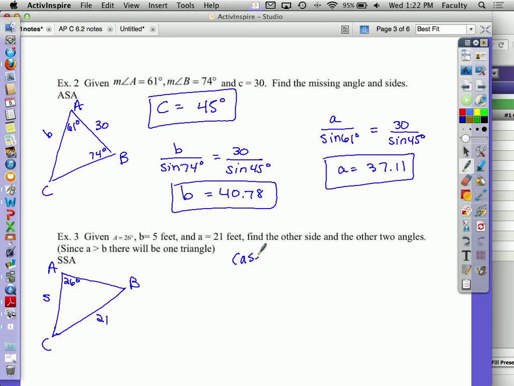Case 1. If the missing angle is less than the given angle, then you get one triangle.